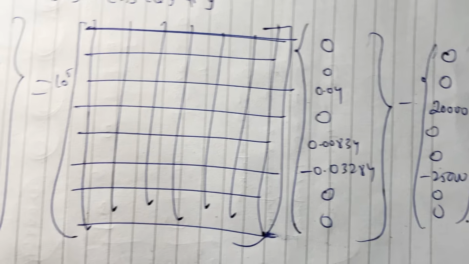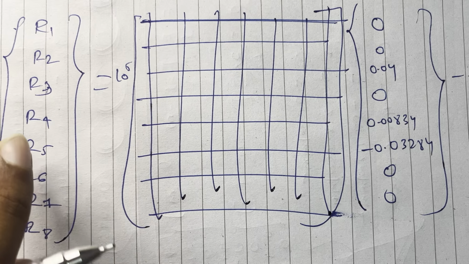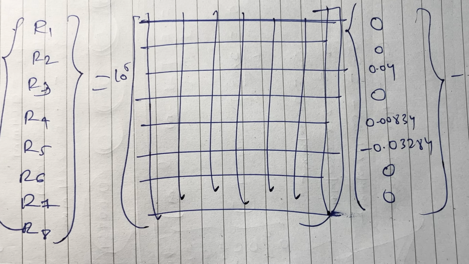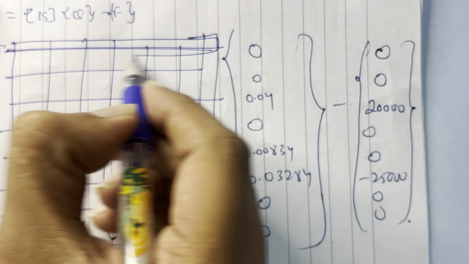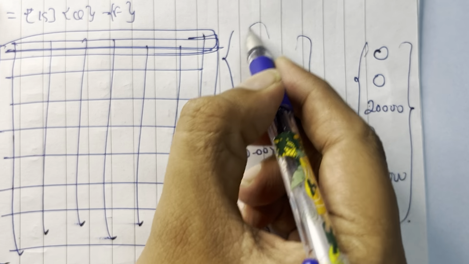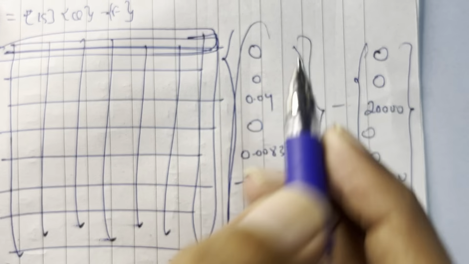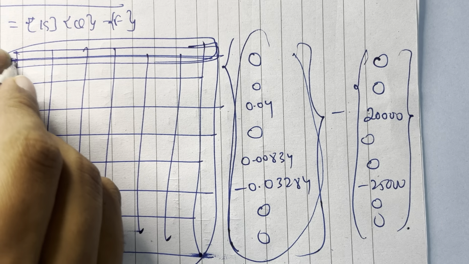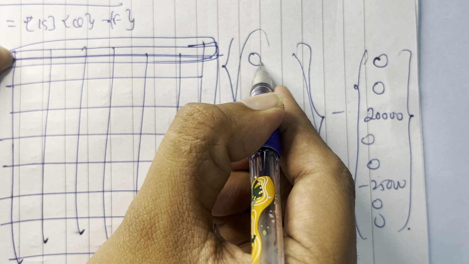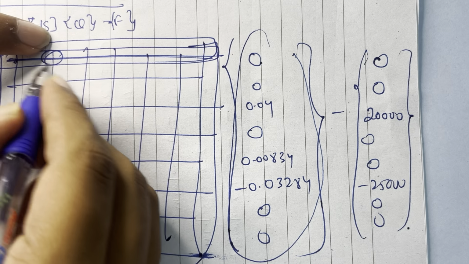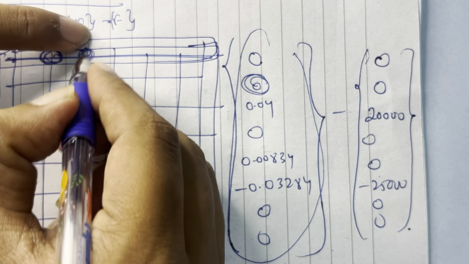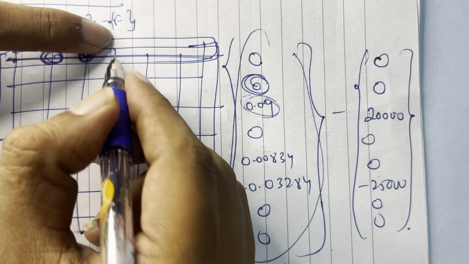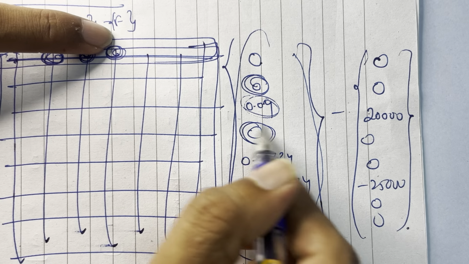Now how to calculate R1, R2, R3, R4, R5, R6, R7, R8? See, I will show you. If it is the first row in this matrix, we multiply with the first column. For example, here we have the first element, this into this, 0. Then plus the second element into the second element in this column, third element in this row, third element in this column, fourth element in this row, fourth element in this column.